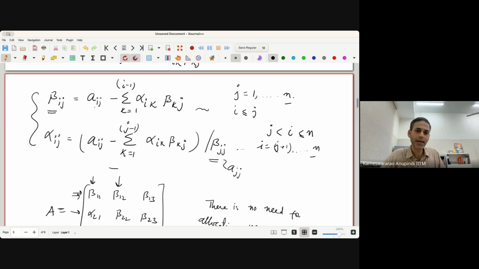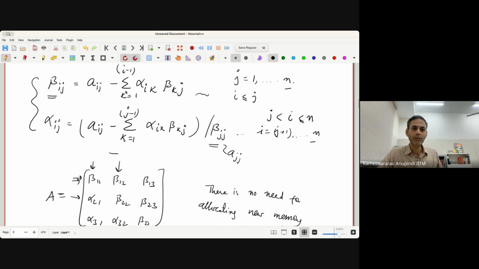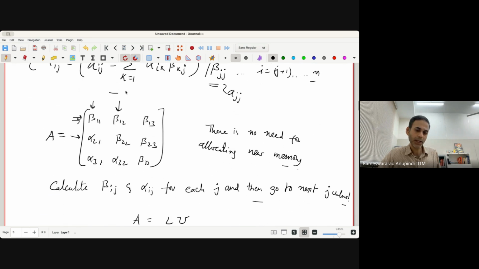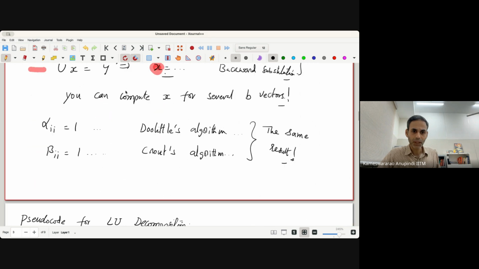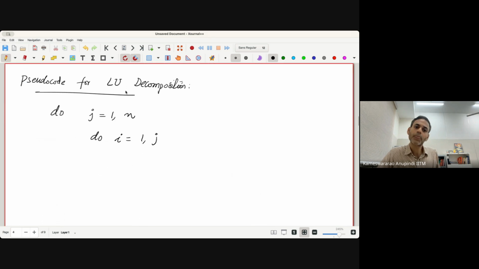Beta ij equals aij minus alpha ik beta kj, k equals 1 to i minus 1. So that is what I've been given. So I'm going to say my beta ij is going to be, I can assign this value, beta ij equals a of ij, that is the first element.